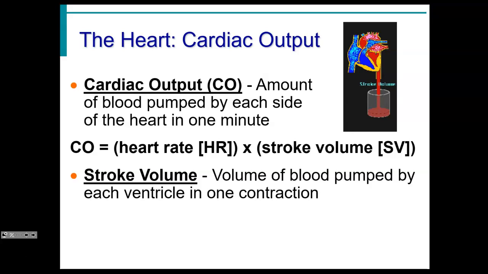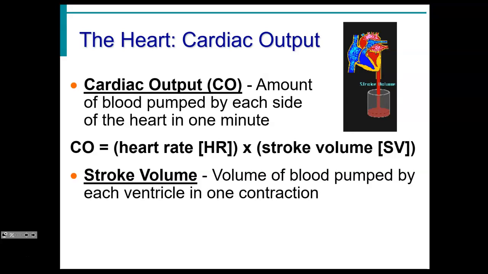A stroke is like one stroke, like if you're rowing a boat, one stroke. If you're playing golf, one stroke is one swing. So that's how you can try to remember this. A stroke is one occurrence. Stroke volume is how much blood is coming out in one beat. Cardiac output is how much you're going to give out in a whole minute.